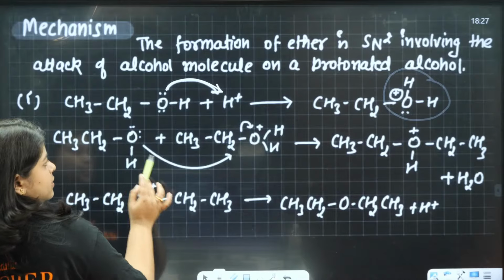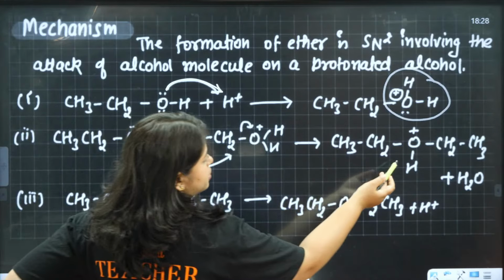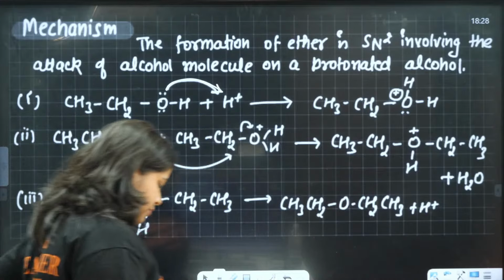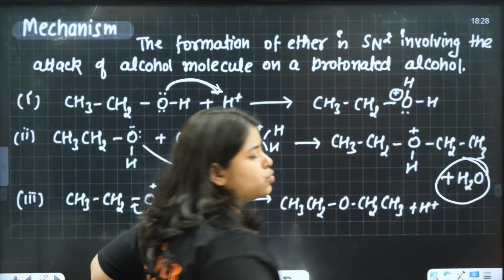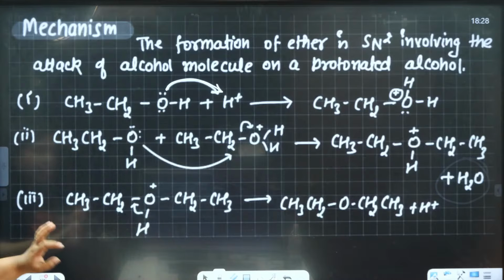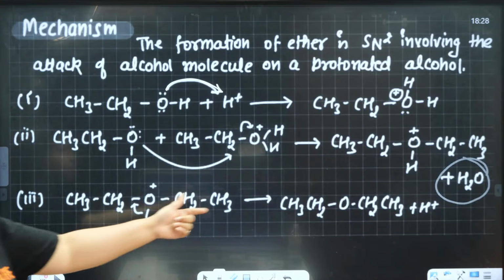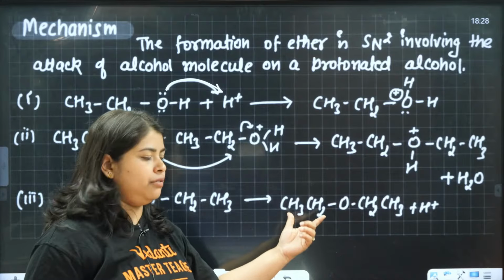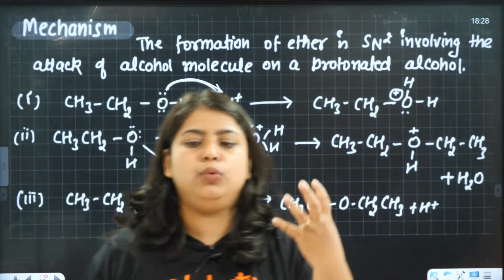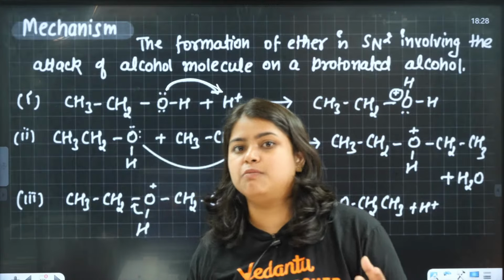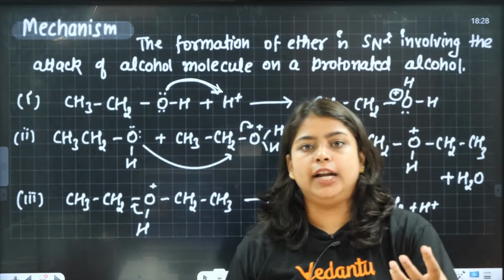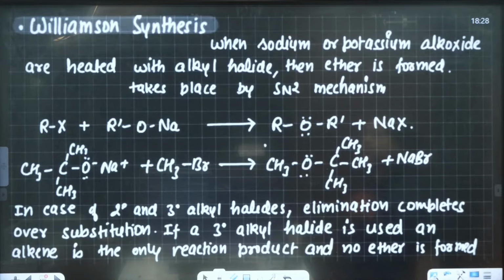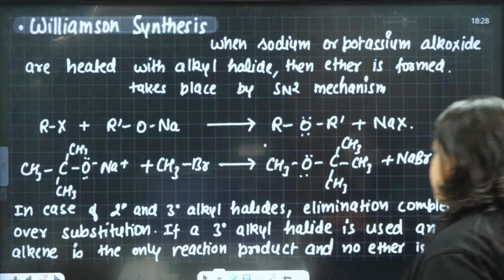This is how it's formed, CH3 CH2OH CH2 CH2, H2 is removed. After that, whatever product we have got here, we are going to again remove the hydrogen. Dehydration process, removal of hydrogen. Clear? Then comes the Williamson synthesis.